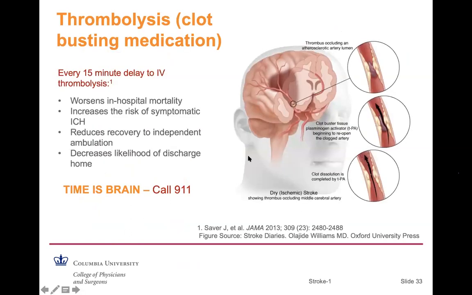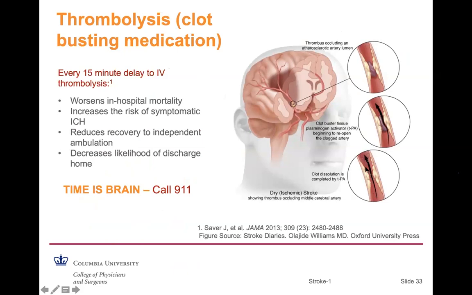Again, just to show that even after a stroke occurs and that one minute continues and you're losing 1.9 million brain cells, we can treat it. And we treat it with a medication called clot-busting medication. That medication basically dissolves the clot and restores blood flow.